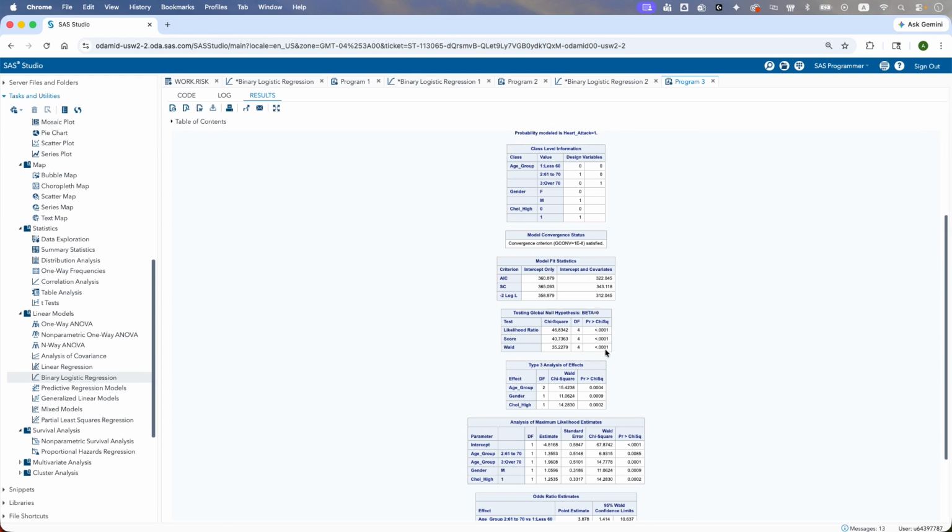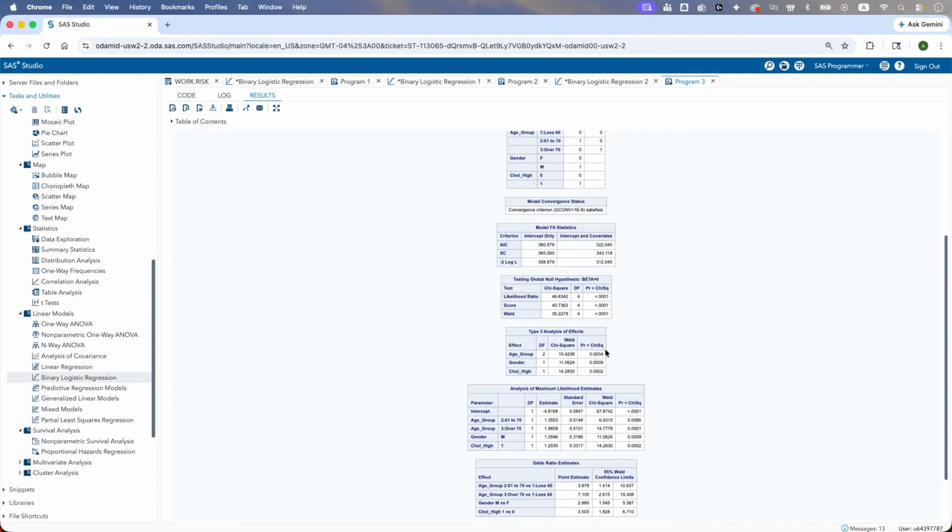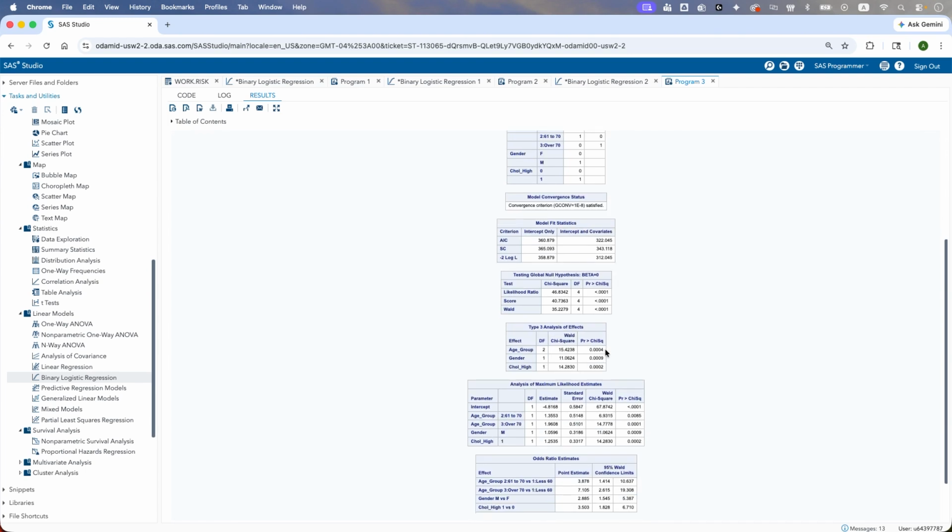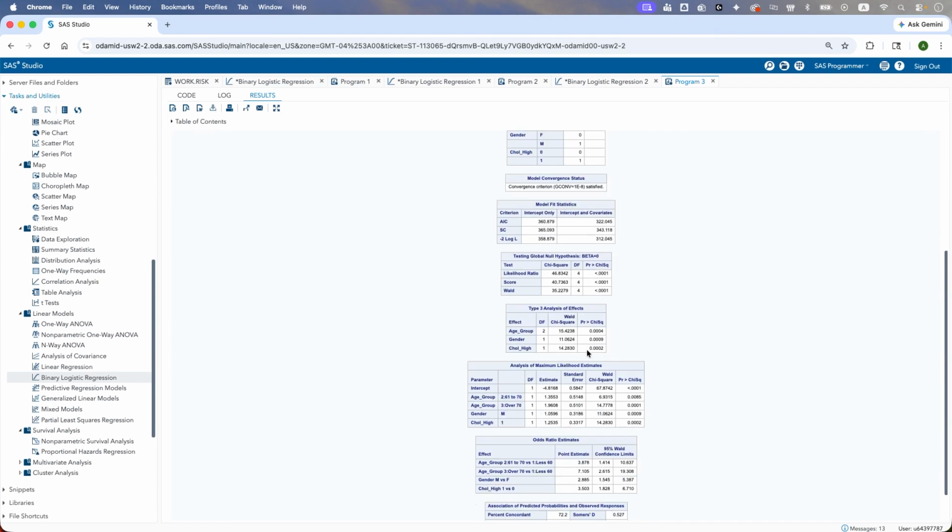Now, how to see which one is not zero? All of them are not zeros. So all of them are going to contribute to the likelihood of the heart attack. They're going to predict the likelihood of the heart attack. So all of them are significant: age group, gender, cholesterol high compared to the reference categories.